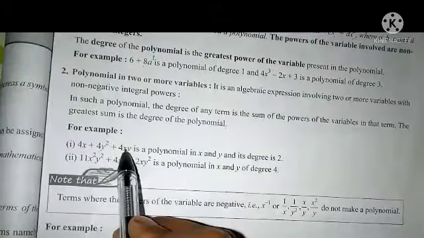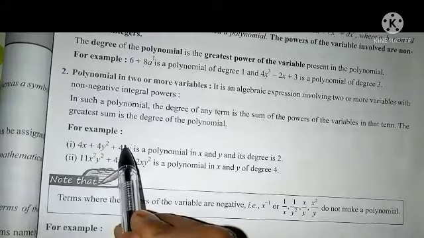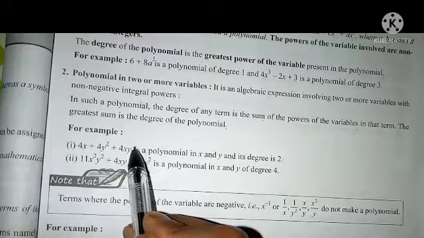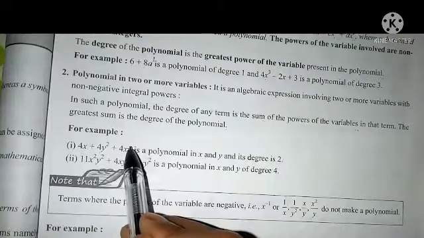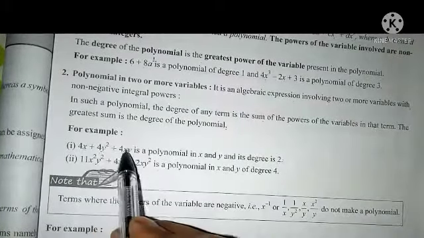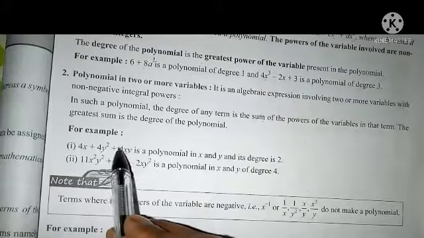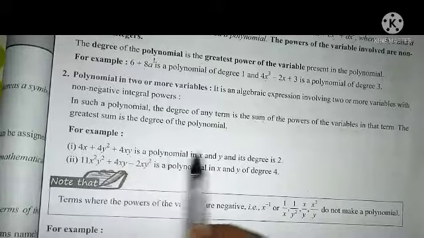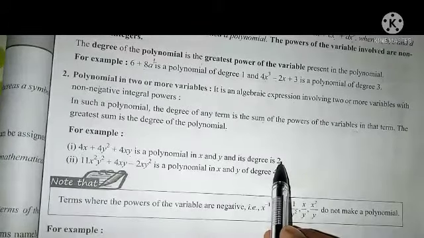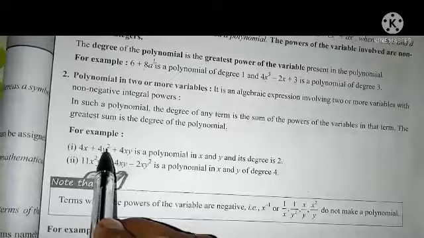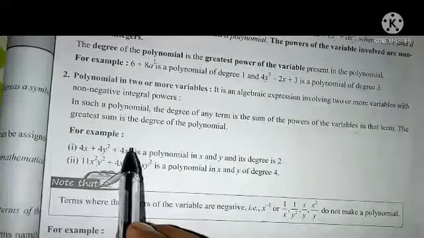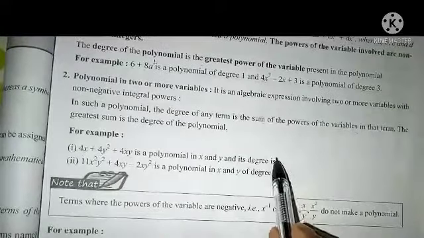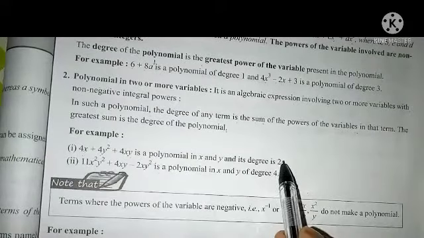So we have to sum up the power of x, which is nothing, meaning 1, and the power of y, which is also nothing, meaning 1. Now 1 plus 1 is 2. So the maximum power is 2, but here we have 2 twice, so we'll consider any one of them. So for this polynomial our degree is 2. So you don't get confused, here also 2, here also 2. We just need to declare the degree of the polynomial. It doesn't matter how many times the sum of the powers is 2.